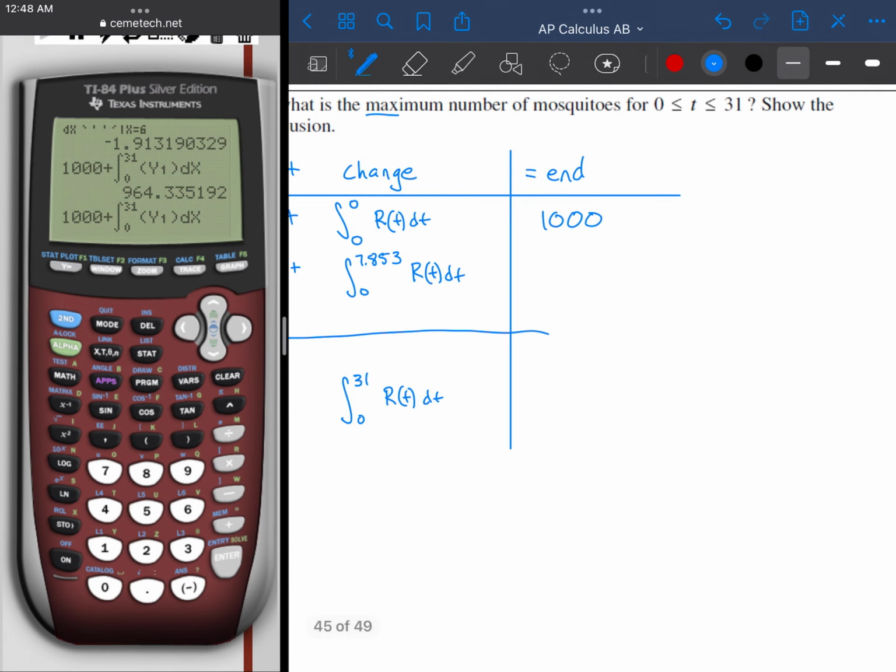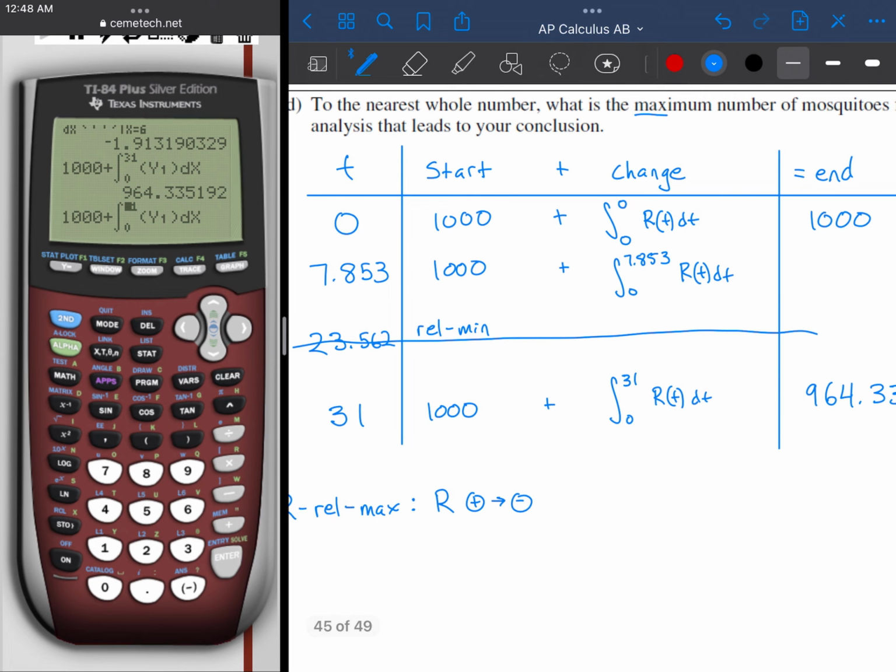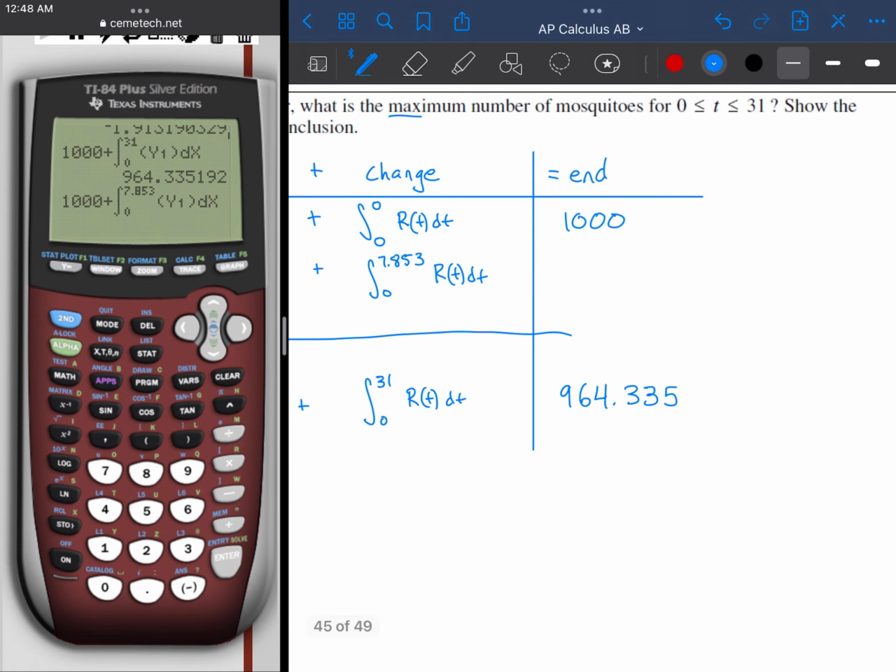So that one was 964.335. And we only need to do this new one, which means this one is going to change to 7.853. And what value are you going to get for that? I'm going to guess probably the maximum, somewhere over 1,000, I would hope. Please. Yeah, there we go.